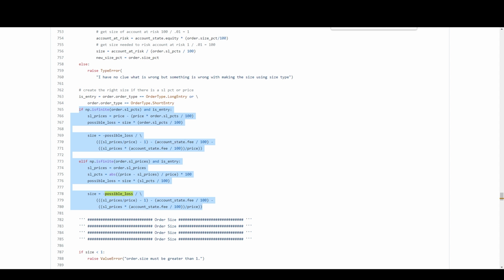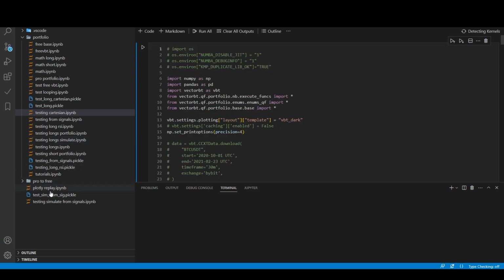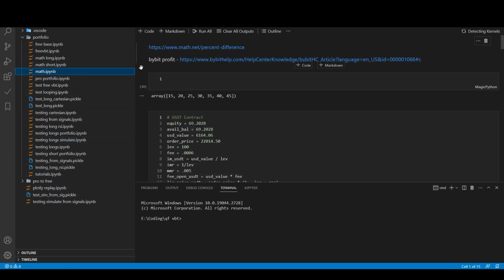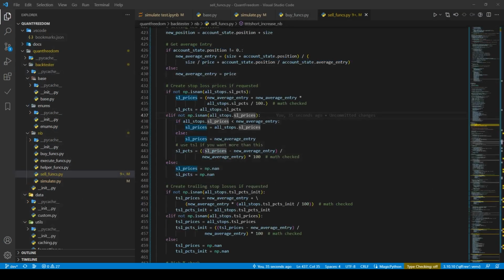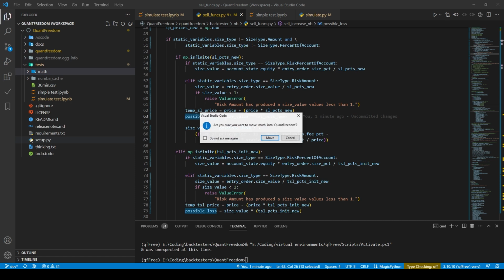And I think I have to go into this, go to my math. And so what I actually need to do is go down here, create a new folder called math. Bring it out.